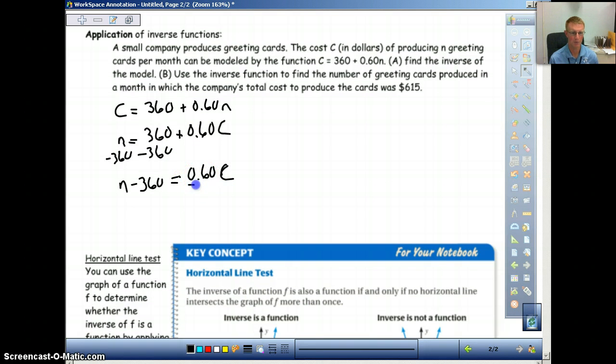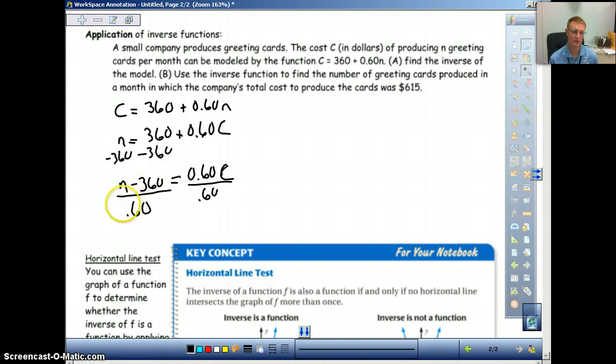So we're going to divide both sides by 0.60. And what we're left with is, again, we're going to divide each of these by 0.60. Well, if you divide this by 0.60, you get a pretty weird decimal. But what I'm going to do is change that to a fraction. So 0.60 is like 3/5.